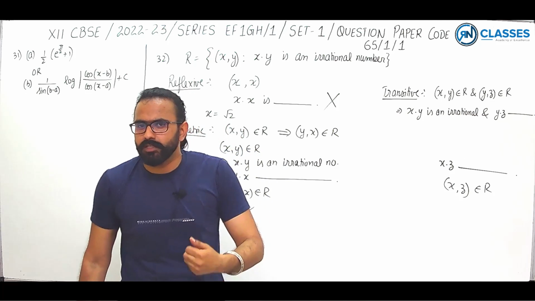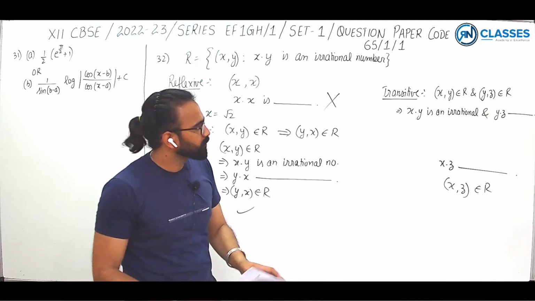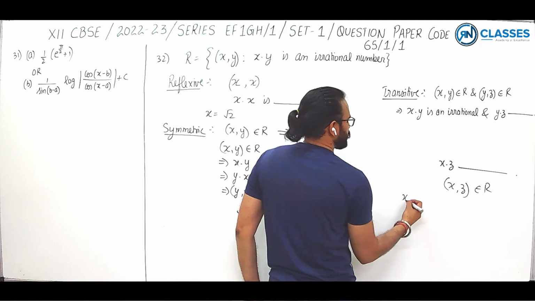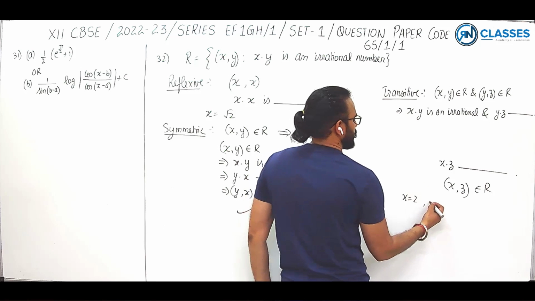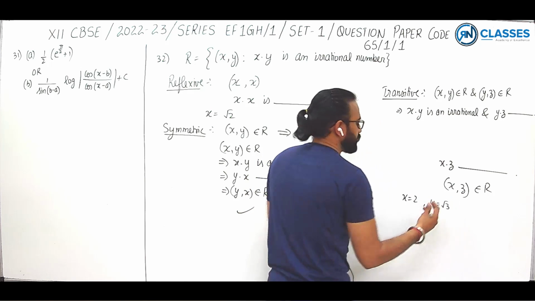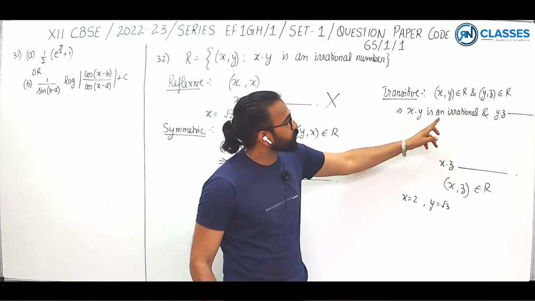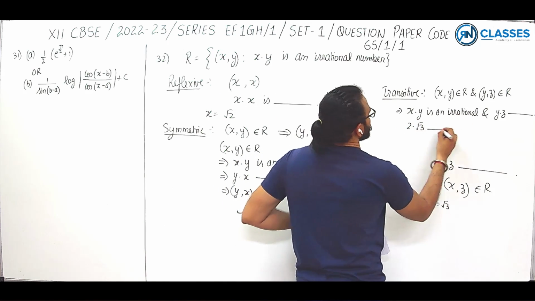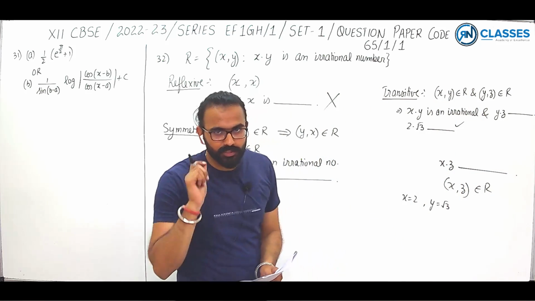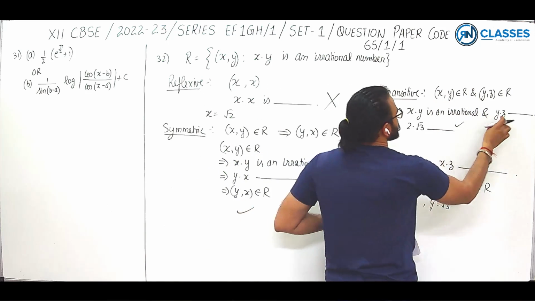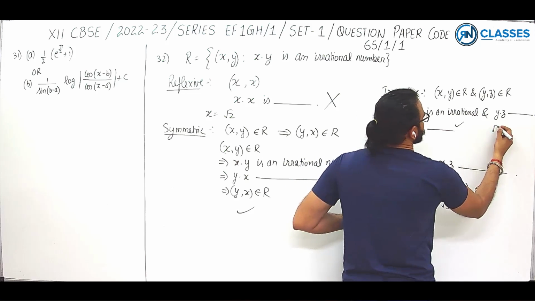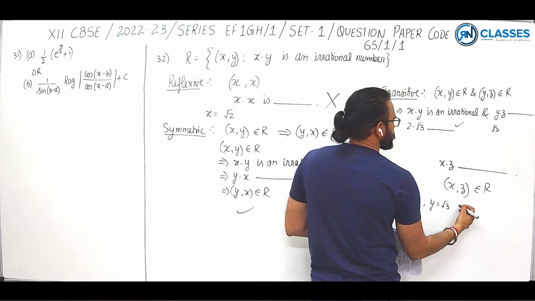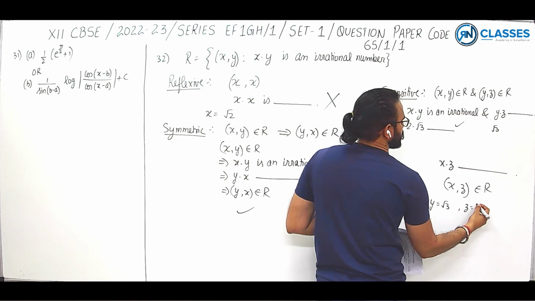So let us consider some examples. If I treat x as 2 and y as root 3 because मेरे को चाहिए इन दोनों का product irrational. And of course 2 into root 3 is an irrational satisfying the first condition. And y into z, y हमने already consider कर लिया root 3, so I will consider say z as 3.